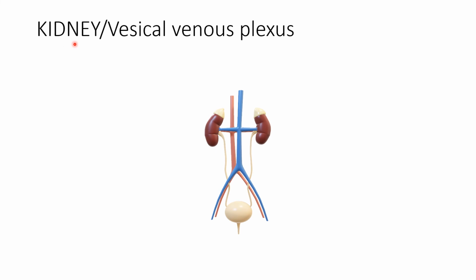In the case of the vesical venous plexus as the final destination, we'll be battling with hematuria. When we start talking about the signs and symptoms, we'll be able to define it fully, like whether it is initial hematuria from the urethra, total from the kidney or ureter, or terminal from the bladder.